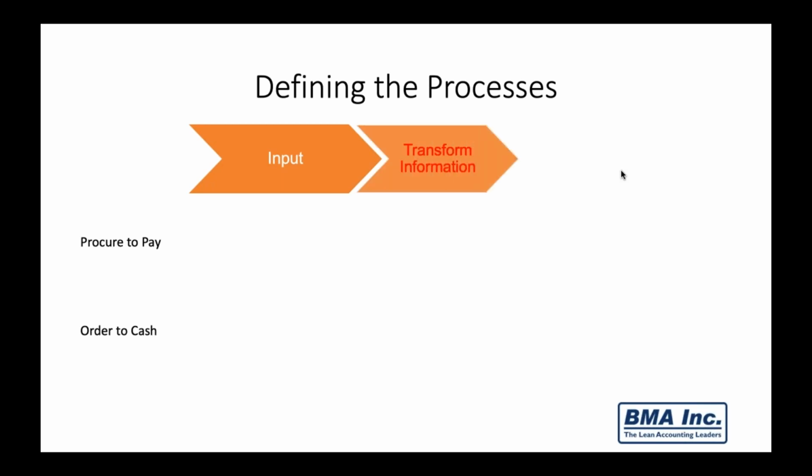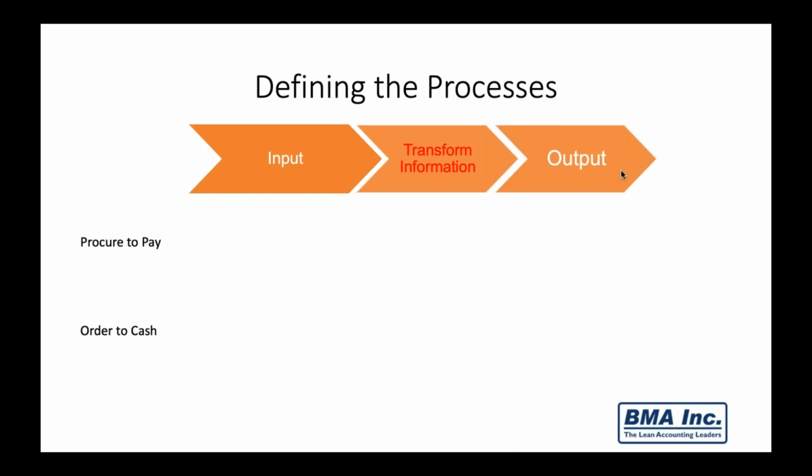First, let's define the process. I know this webinar is about improving quality in receivables and payables, but from a lean viewpoint, we really want to look at the entire process. The reason is that every process has an input, you transform information, and then there's an output.